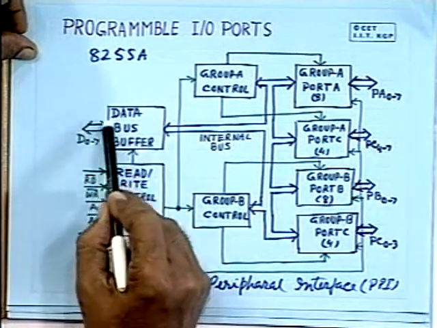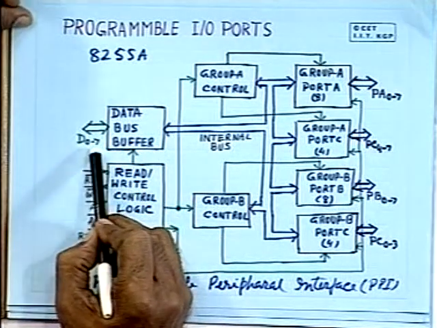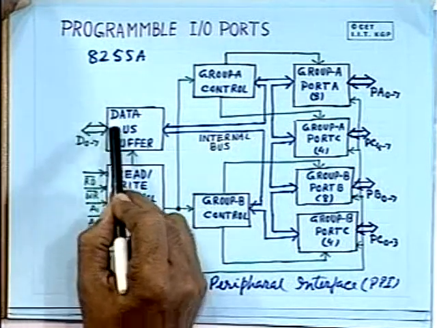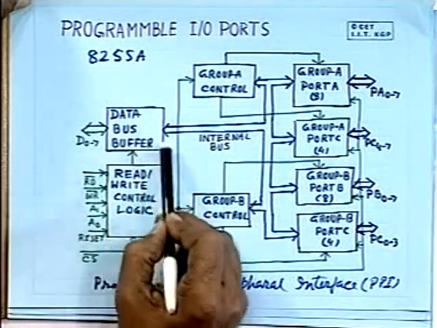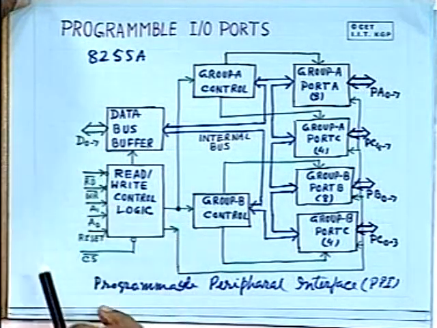Let us start with this data bus buffer. This data bus buffer is connected to D0 to 7, and as you can see, it is bidirectional. This provides the bidirectional and tri-state buffer for interfacing directly to the system bus of the microprocessor.